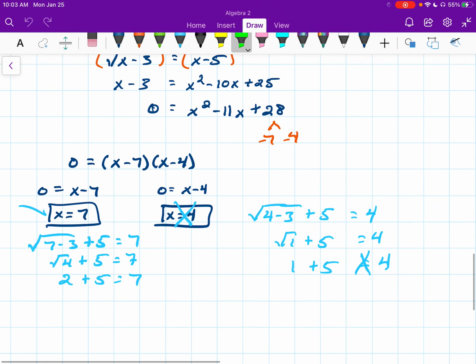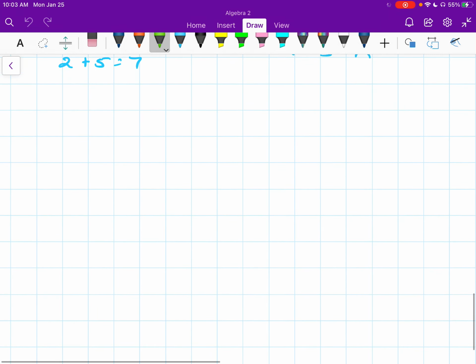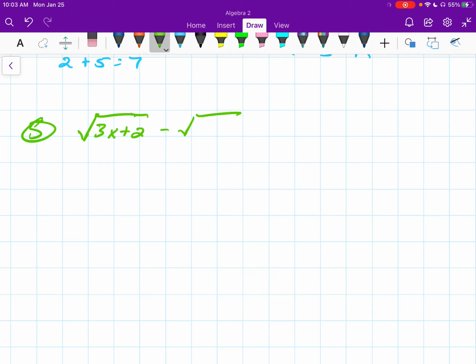All right, moving on to example number 5. We've got root 3x plus 2 minus root 2x plus 7 equals 0. This one, again, is a little bit more complicated than even the last one. We have two different roots. To begin here, we're going to try to get each of our roots alone.